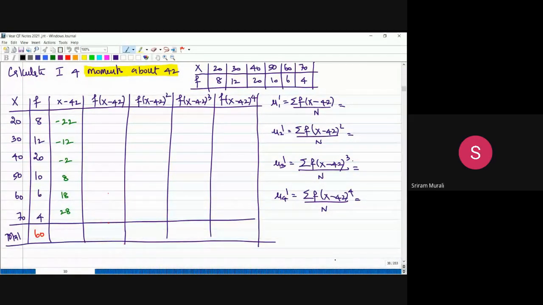So we have to now find f into x minus x bar. It is minus 176, minus 144, minus 40, 80, 108, 112. Add this, you will get minus 60.